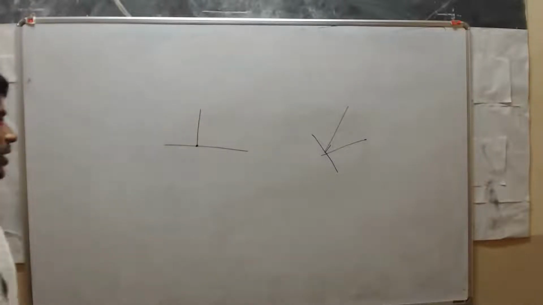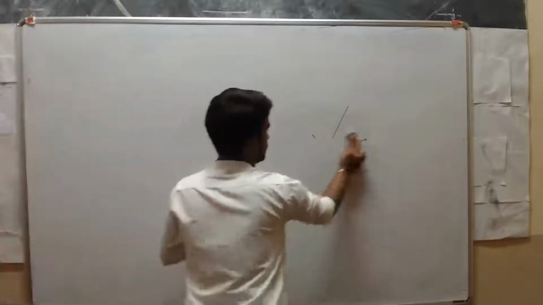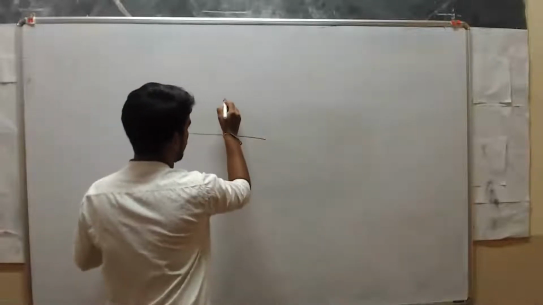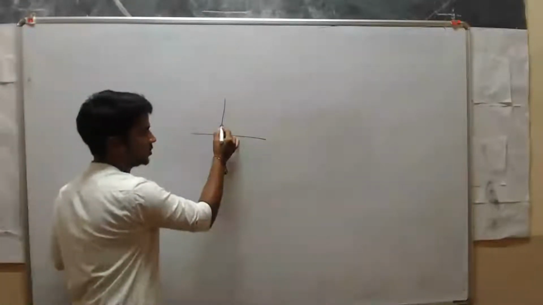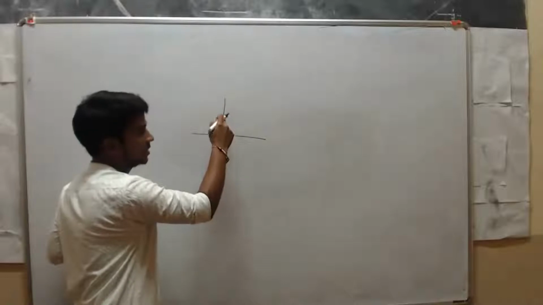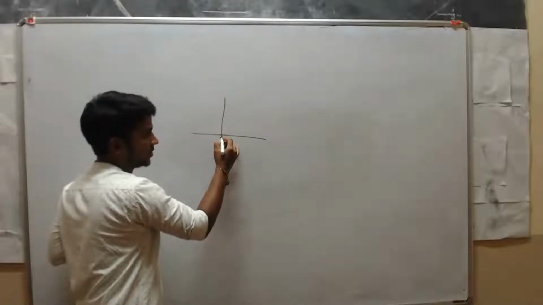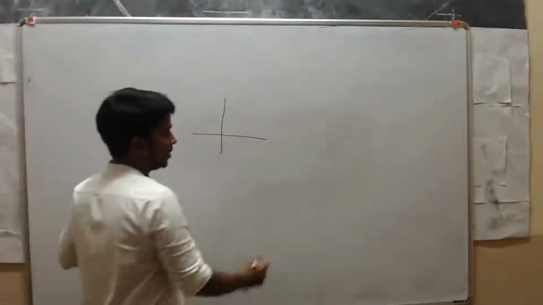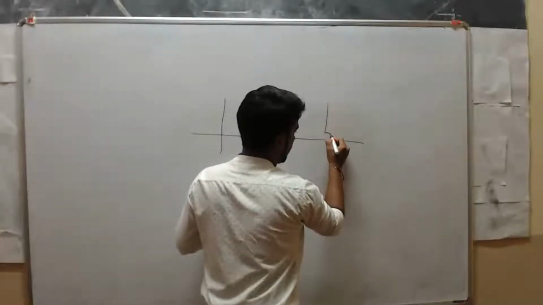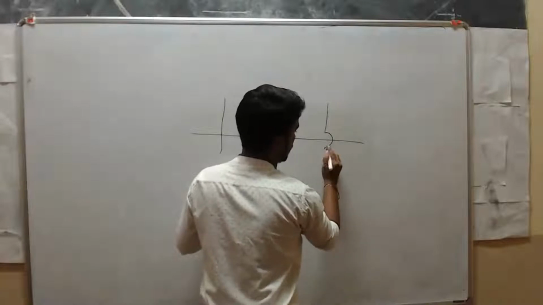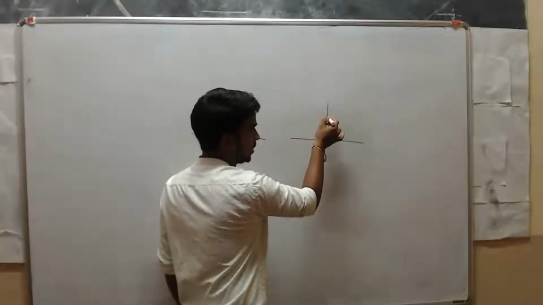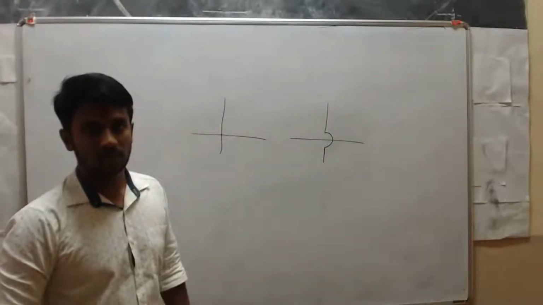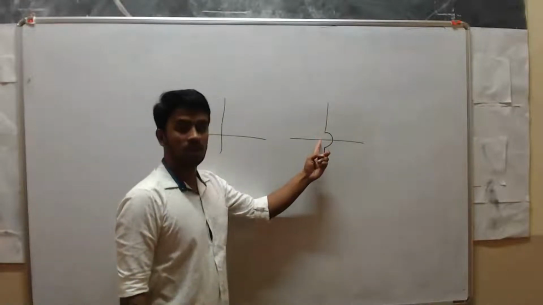Next, wire crossing. See, this is one wire and this is another wire. If you draw like this, it means this wire and this wire are connected here. This diagram represents wire crossing without connection. If you draw like this, it means this wire and this wire are not connected.